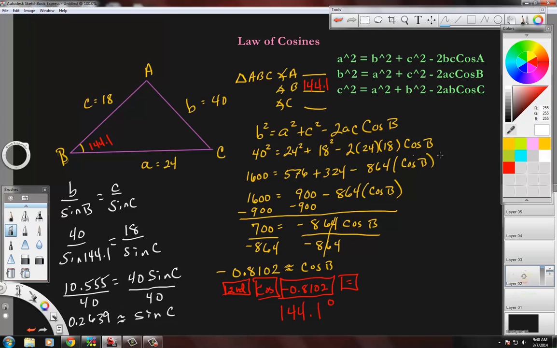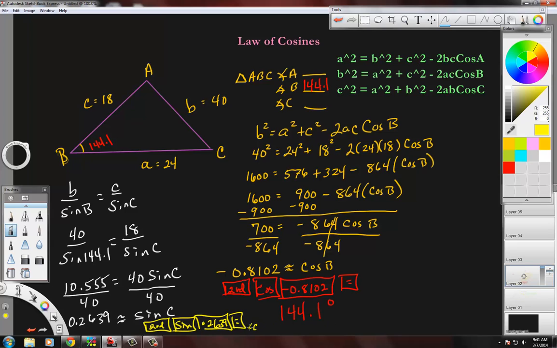At this point, just for the sake of the video, I'll write this out one more time. To solve this, you would do second sine 0.2639 equals, and that will give you somewhere around 15.